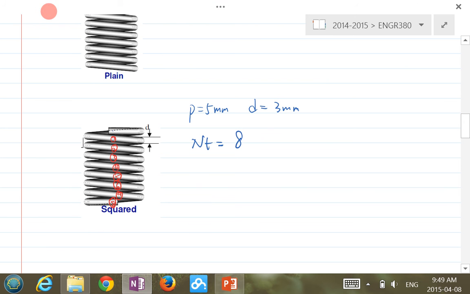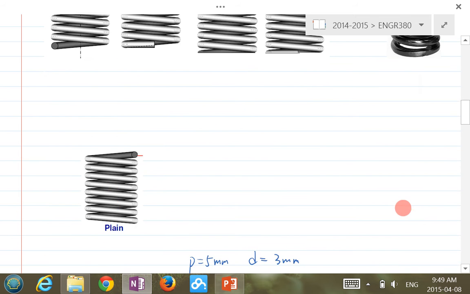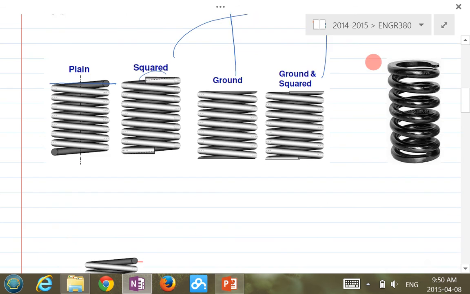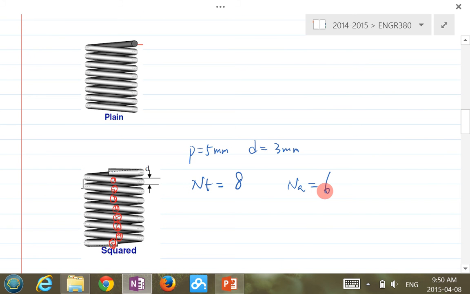Now it's squared, so what will be the NA? You look at the table right here. It's squared, so basically it's this one here, right? So NA should be 8 minus 2, equal to 6. That's the active number of coils. So what does active number of coils mean?